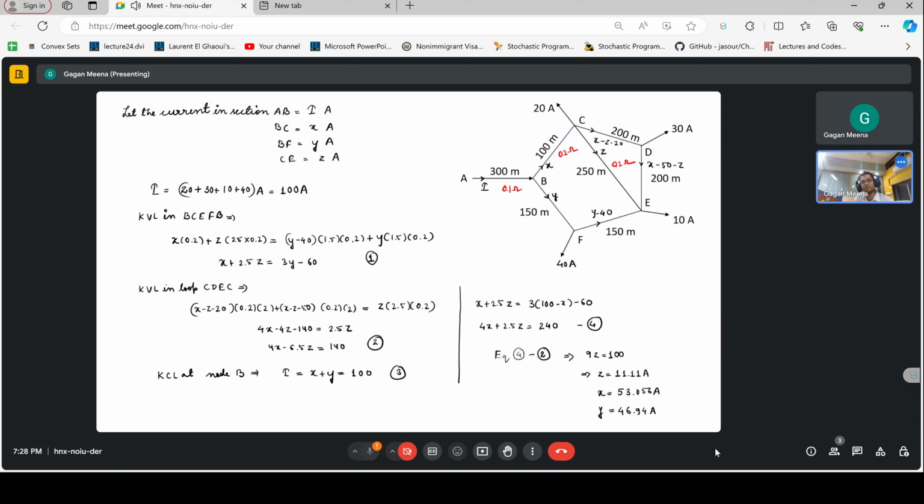So X and Y also can be calculated. So everything is known. What was the question? Determine the current in the interconnector. It is Z. Z is 11.11 amperes.